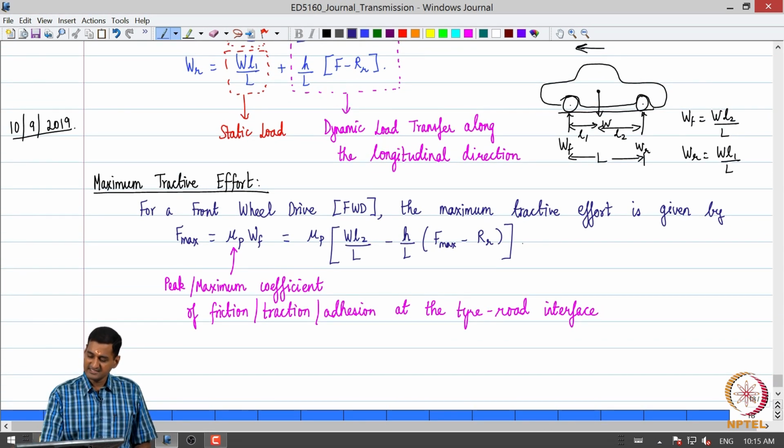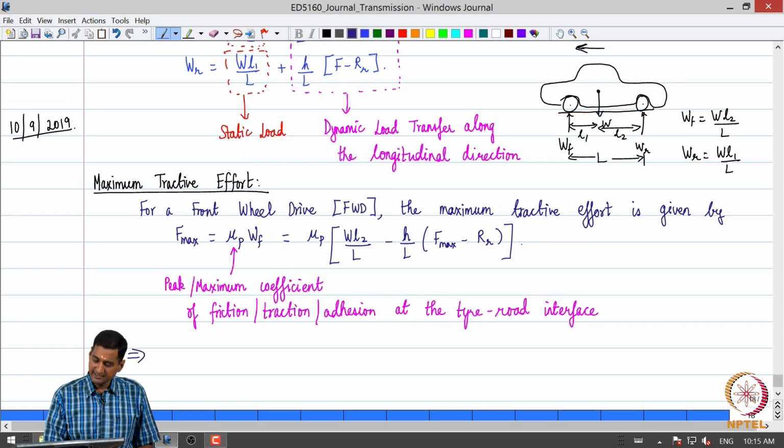From this expression we can immediately observe that there is F max on both sides.